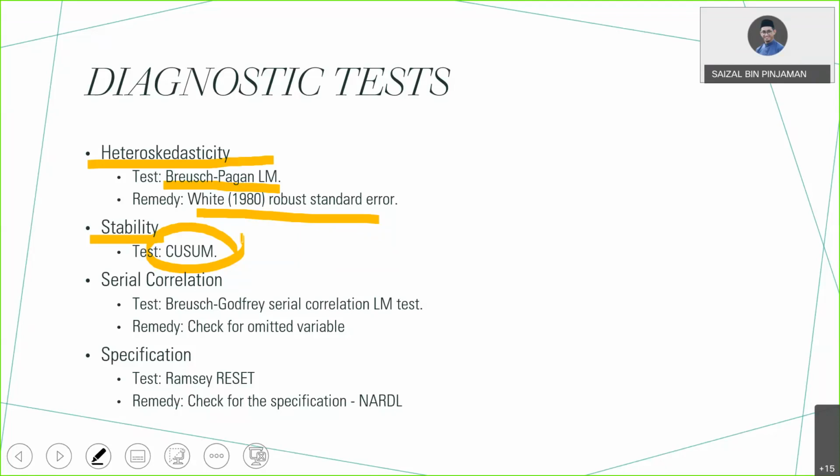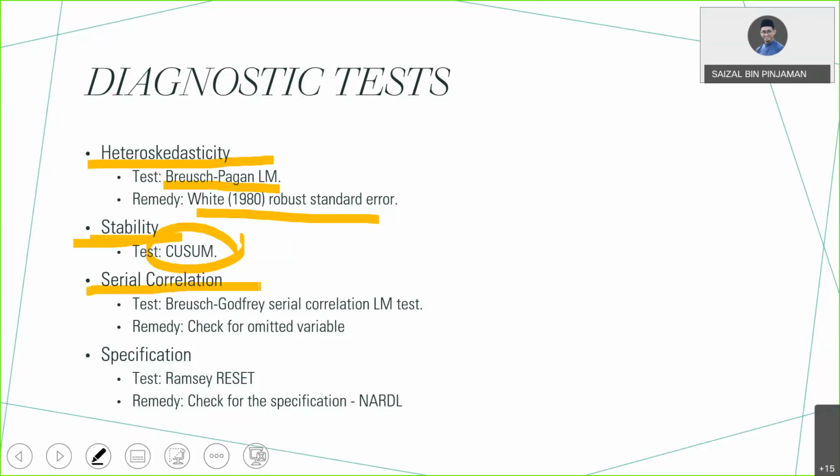It means that the CUSUM will test whether our model is stable or not over time. That is the reason why it is important for us to conduct this stability test in the ARDL model as well as in the ECM model, which use time series data.